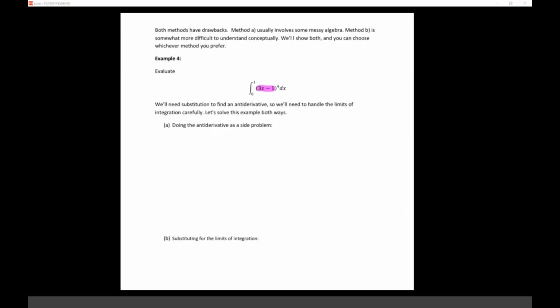Okay, so I have my 4 steps. All right, so I have step 1, let u be 3x minus 1. Step 2 is take its derivative, du dx equals 3. Now that doesn't match anything that I have here.